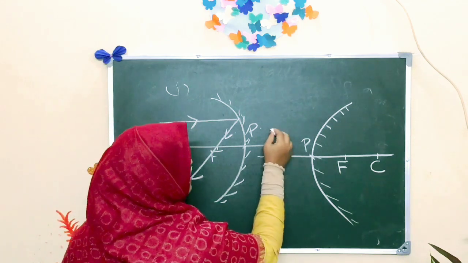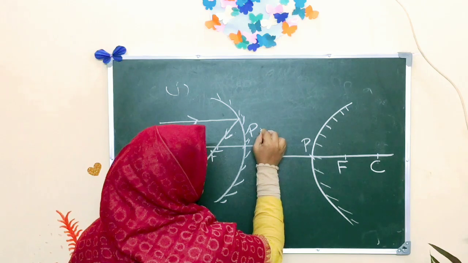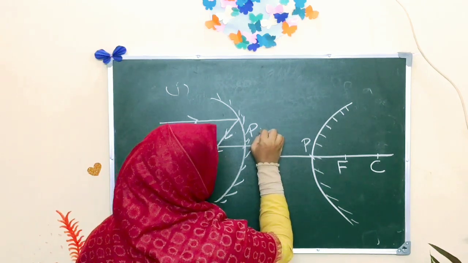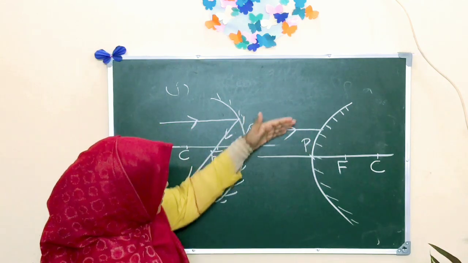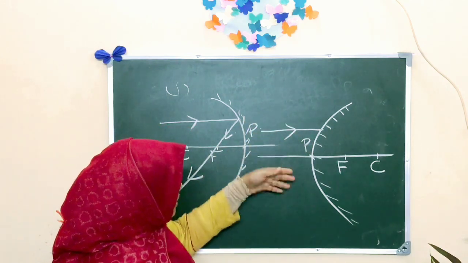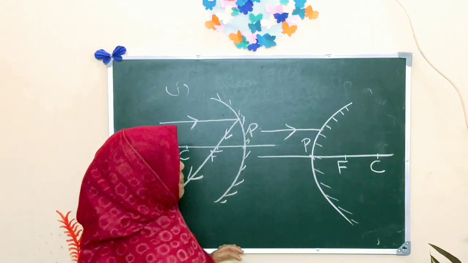From this side, the incident ray is traveling parallel to the principal axis.